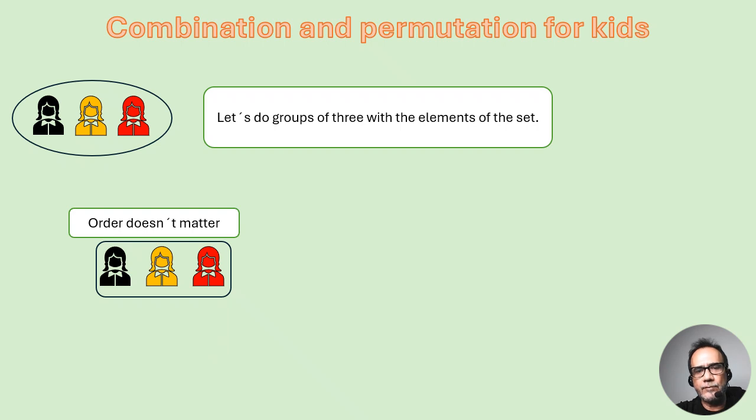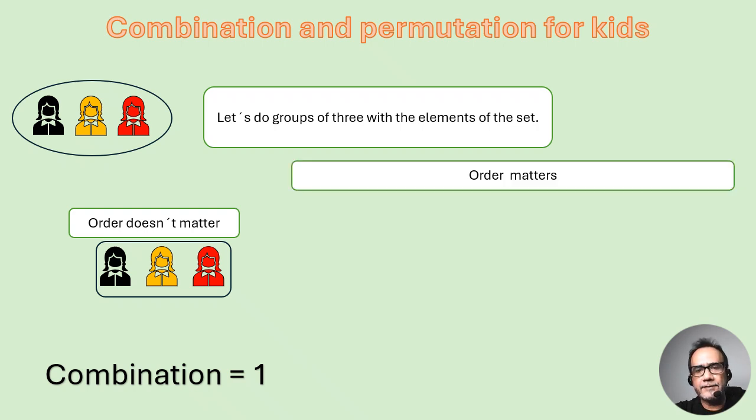So we will discard the second one, and the only group that we can form is the one that is on the screen. The number of groups that we form when the order doesn't matter has to do with the combination. So the combination in this case is equal to 1.